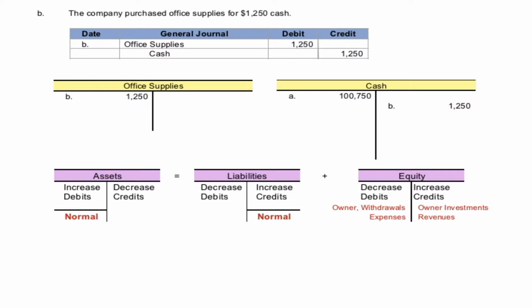When some financial event happens, the first thing we think is, which accounts do I have that this is going to affect? So your example was an investment, the owner investing in the company, similar to this example, where the owner shells out $100,750. Can you say it's always going to go on the left if you're putting it in the cash? Yes, that you can say.